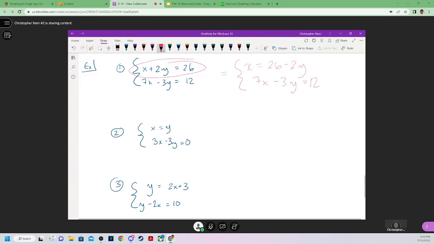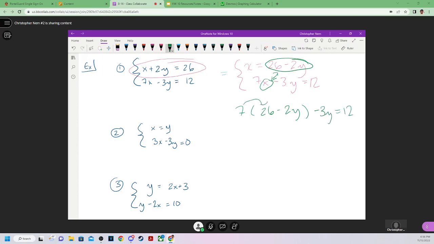Boom. So if you try to solve this out, you're going to be substituting this guy inside your x. If I plug that in, I get 7 times 26 minus 2y, minus 3y equals 12.